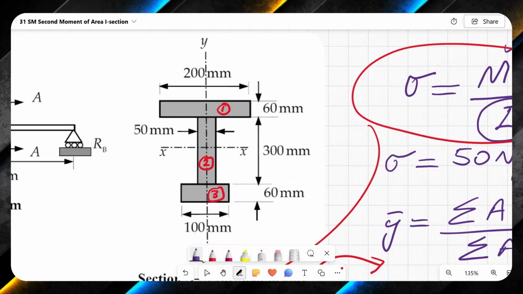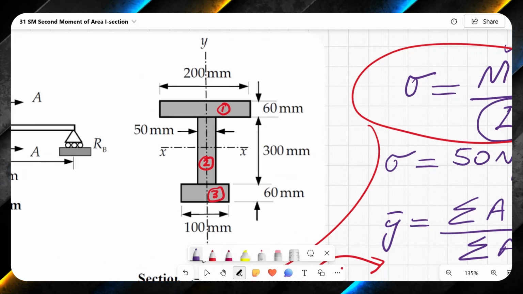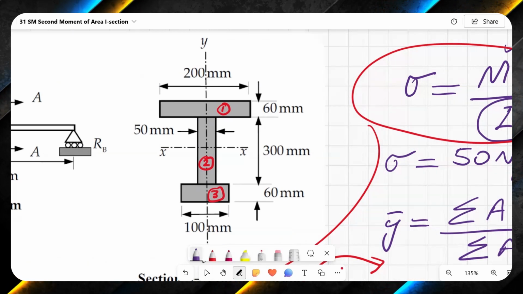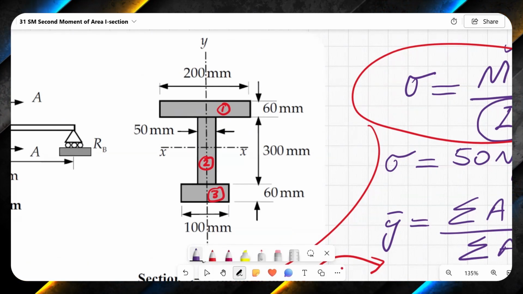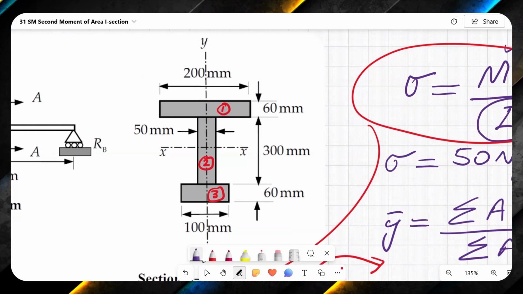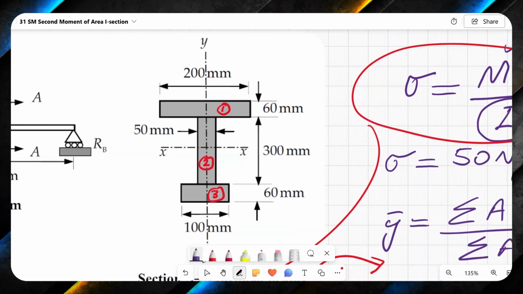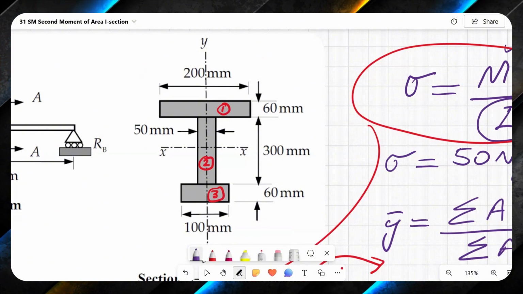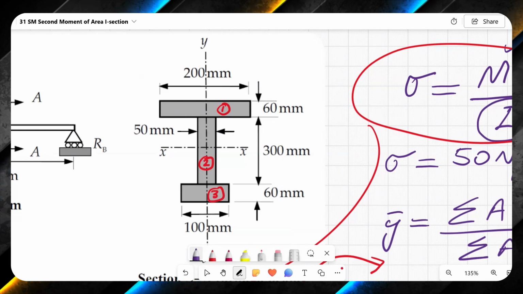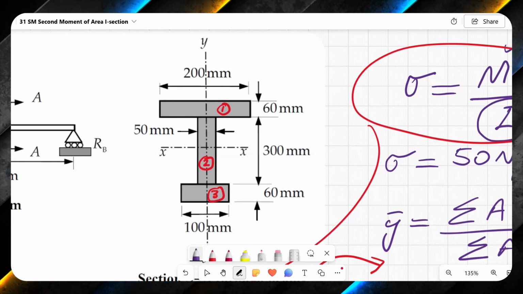So the first part is 200 by 60, the second part is this 300 by 50, and the third part is 200 by 60. So let us put these values in a table, and from there we can work out y bar, which is the centroid, and from there we can work out the second moment of area of the compound section as well.